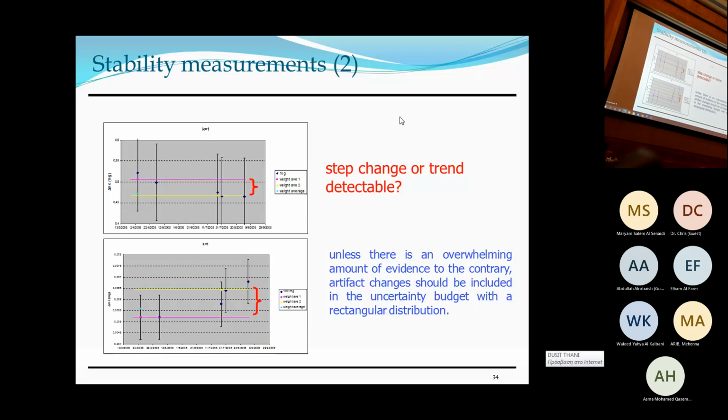What type of change is this? Is it a step change, or is it a drift? How would we evaluate the uncertainty associated with this change?